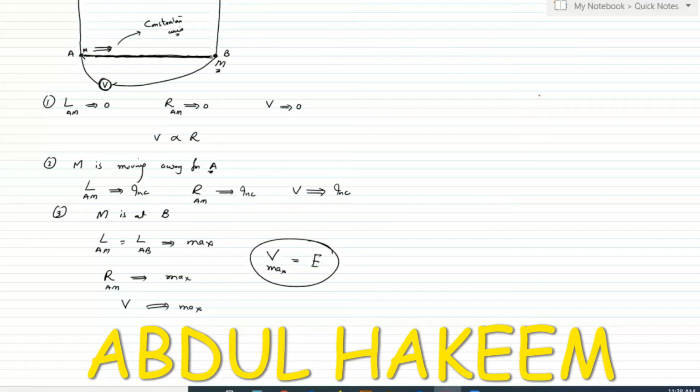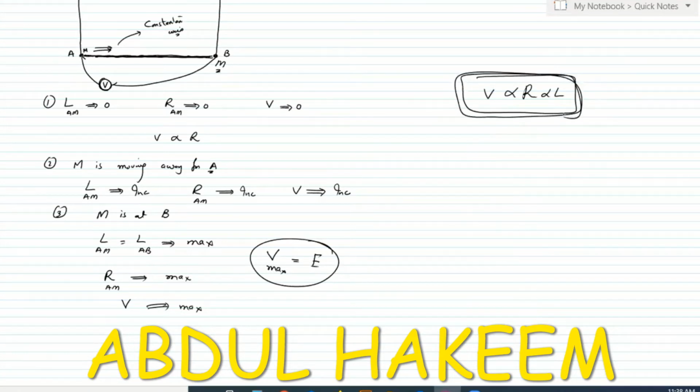Okay, thus the conclusion is when length increases, the resistance increases. When resistance increases, the potential difference also increases.